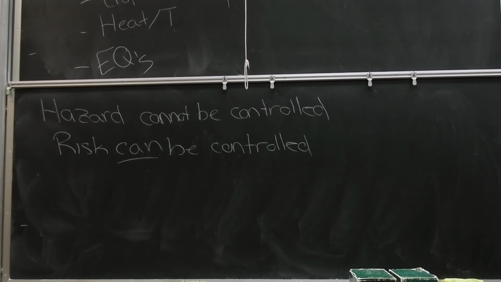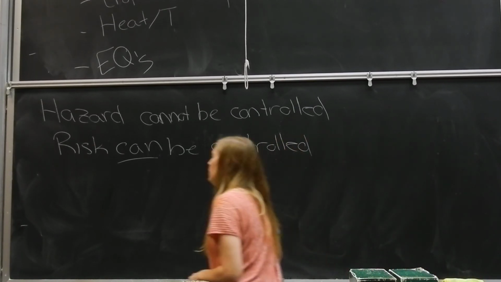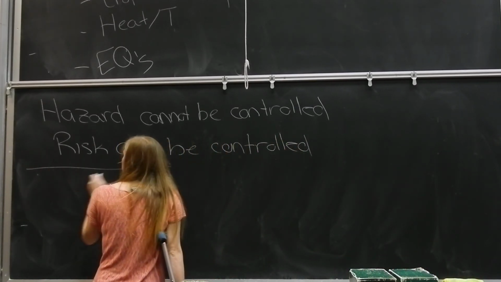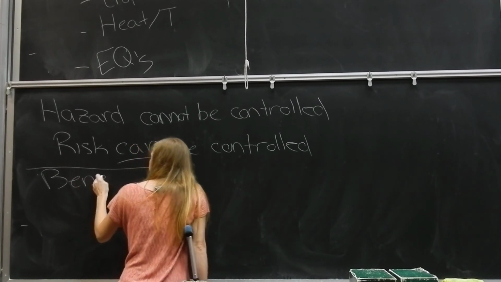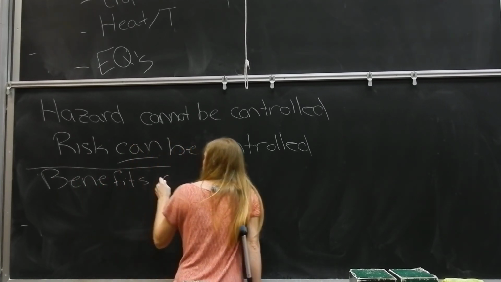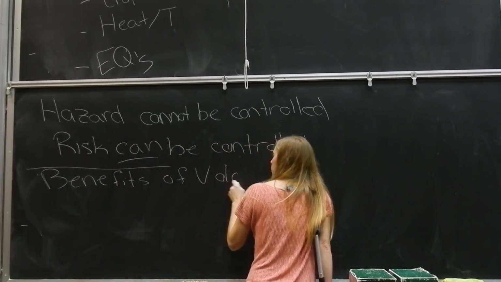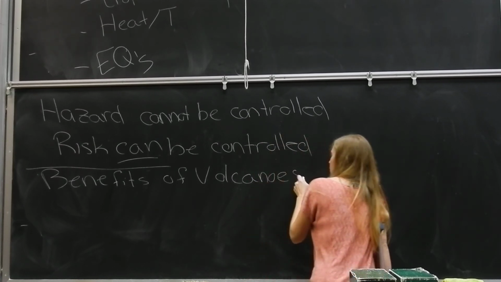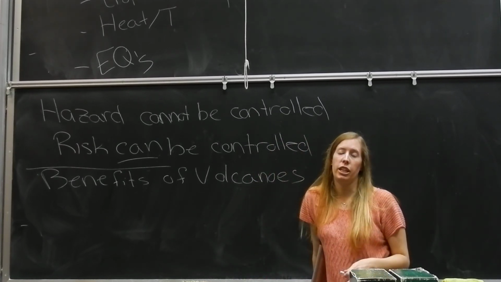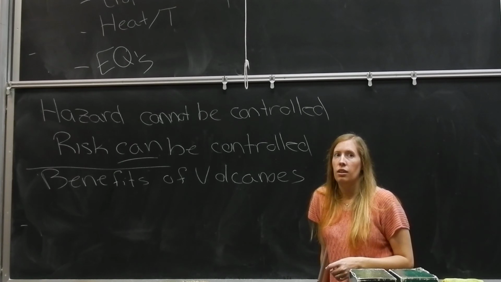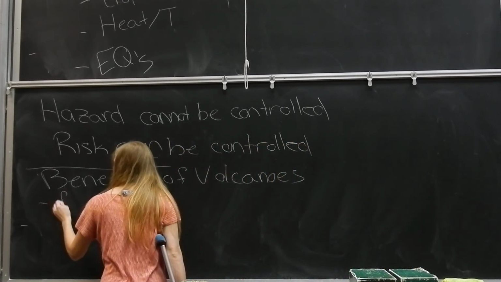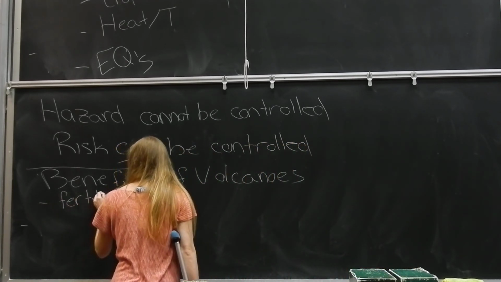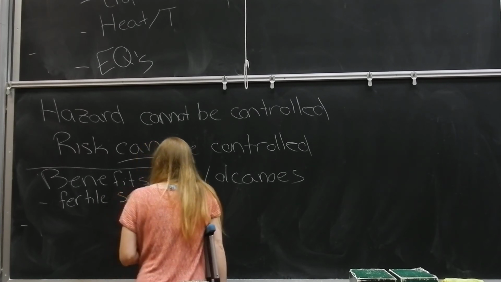But we also want to know that volcanoes aren't all bad. We have some benefits. What's one of your favorite benefits of volcanoes? New land. Fertile soil. Black sand beaches, right?